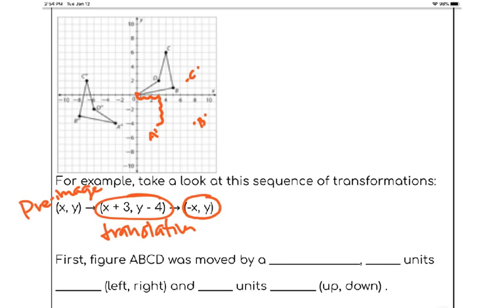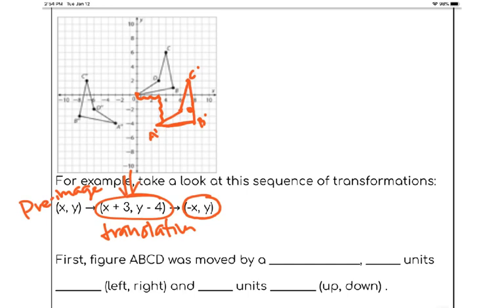And D, right 3, down 4. So then this is going to be our new image after this translation right here.